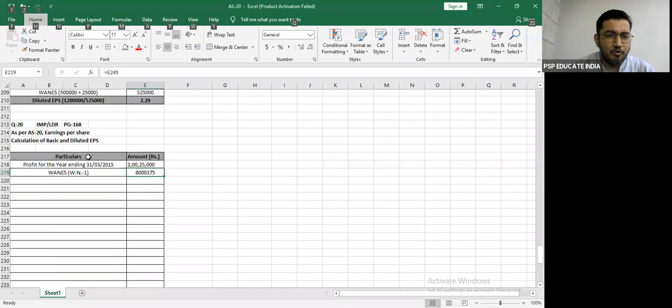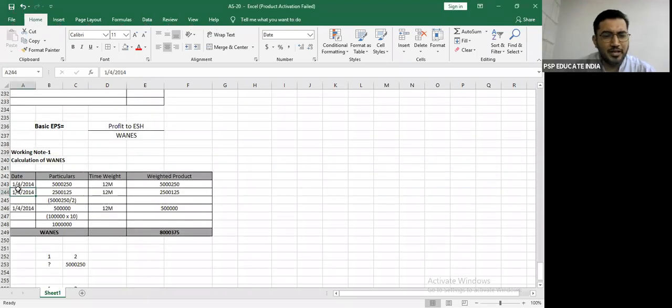Why have I written 1/4/2014? Because you always take the earliest reporting period. That is why I have taken it. However, this is done on 31st March 2015. So please understand, I took 1/4/2014 because you have to write the earliest reporting period here. However, your provision can never be at the beginning of the year. Provisions are usually at the end of the year.